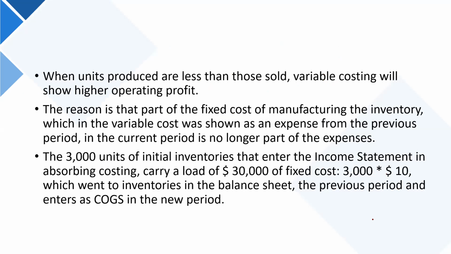And let's see now, like the notes, just as Leslie was saying, when units produced are less than those sold, variable costing will show a higher operating profit. Why is that? Because the difference is the part of the fixed cost of manufacturing the inventory, which in variable costing was shown as an expense from the previous period.